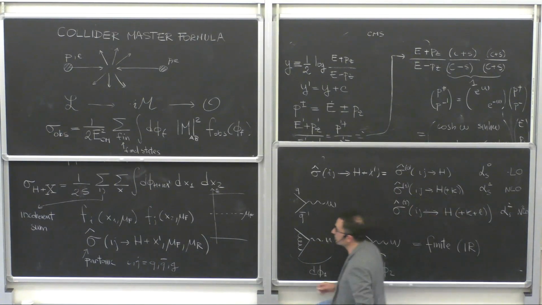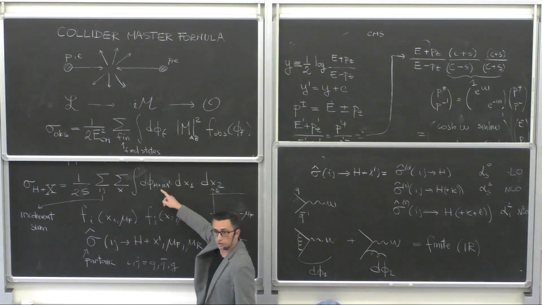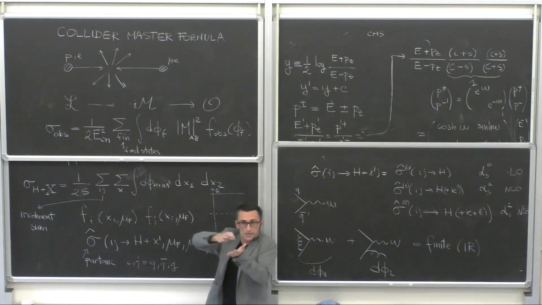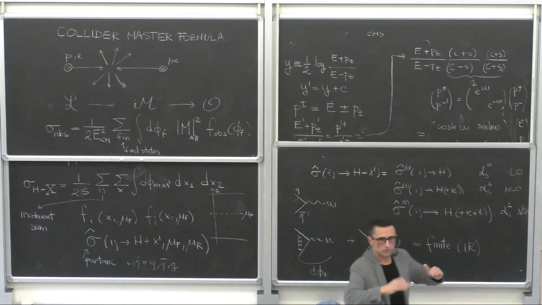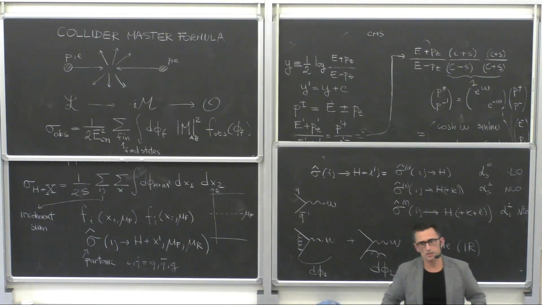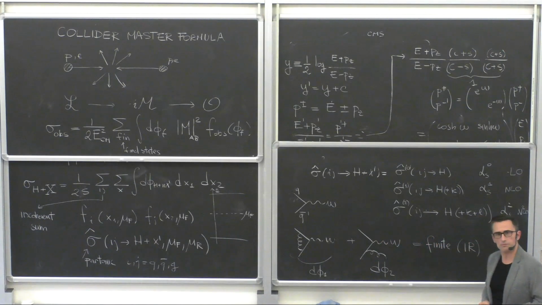That's the reason why I always have to sum over all final states: I need to combine them, take them from different multiplicities and pack them together to get something which is infrared safe.